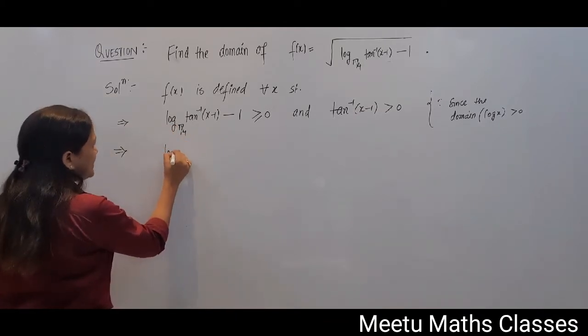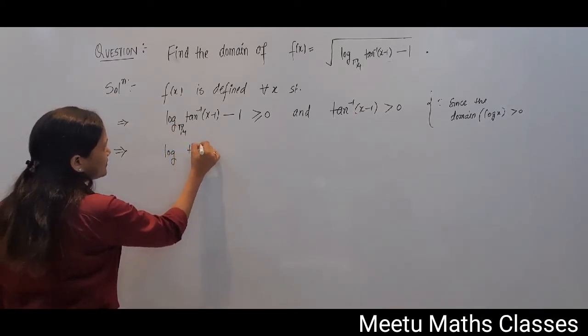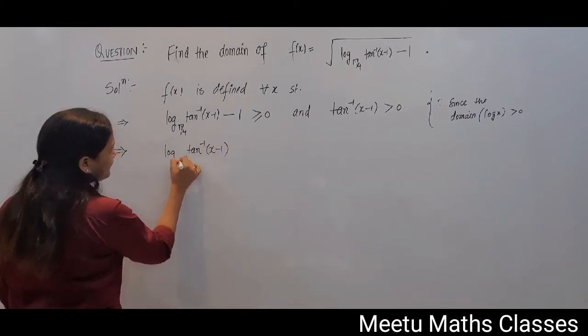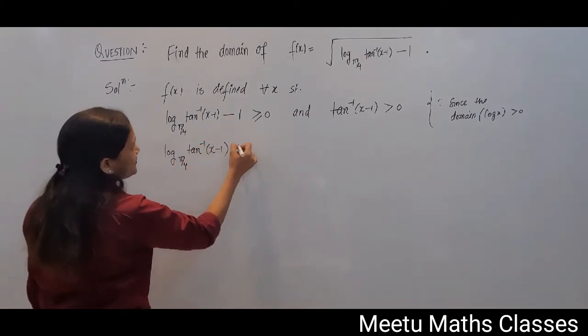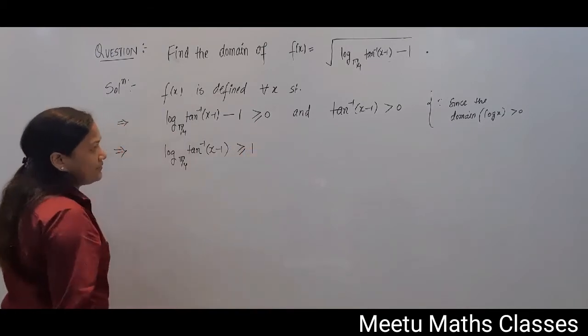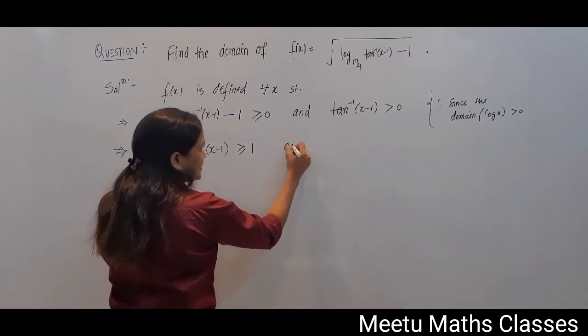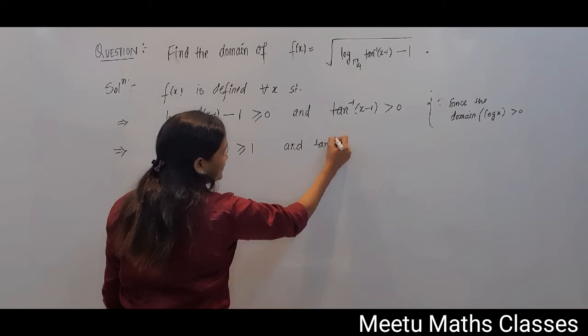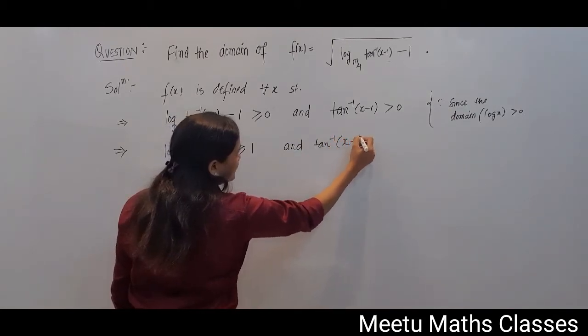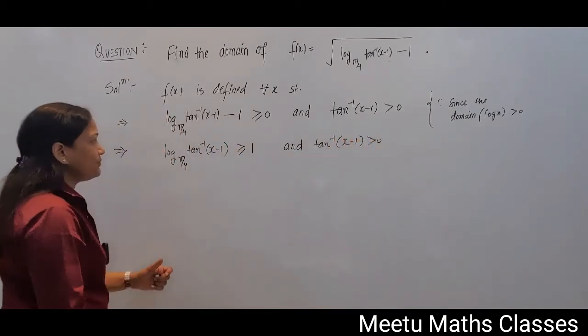This implies that log of (tan inverse x minus 1) with base pi by 4 should be greater than or equal to 1, and tan inverse of x minus 1 should be strictly greater than 0.